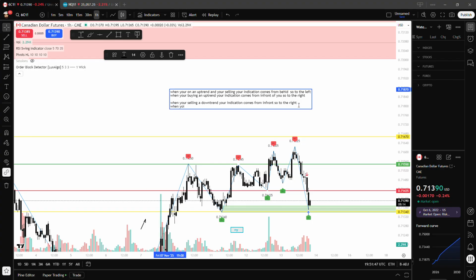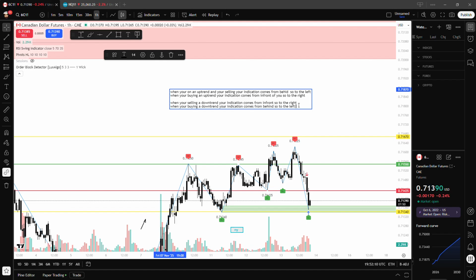When you're buying a downtrend, your indication comes from behind, so to the left of you.